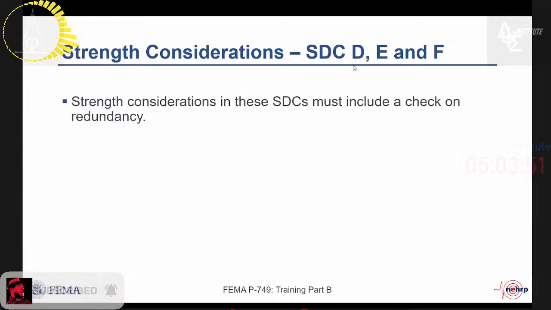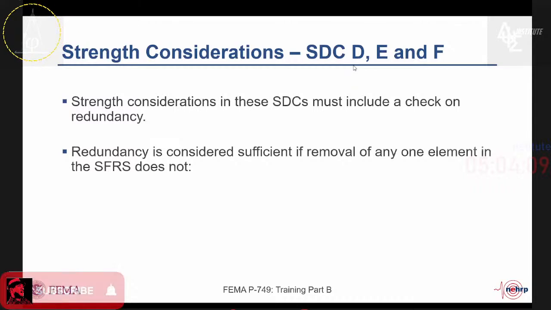In addition to determining strength and stiffness of structural elements in seismic design categories D, E, and F, it's necessary to determine if a structure is adequately redundant. If a structure is determined to be not adequately redundant, then the required strength of the structure is increased by 30%.